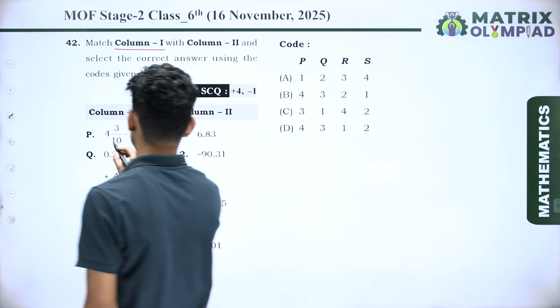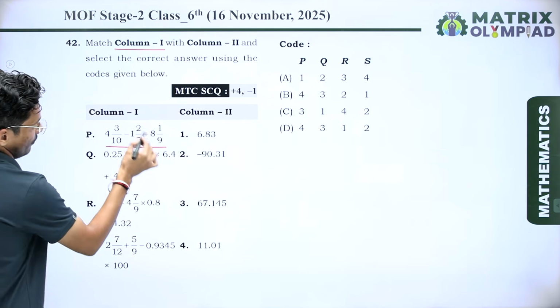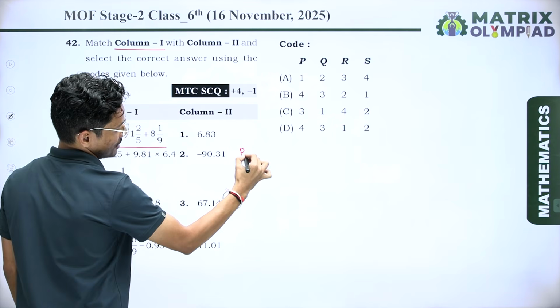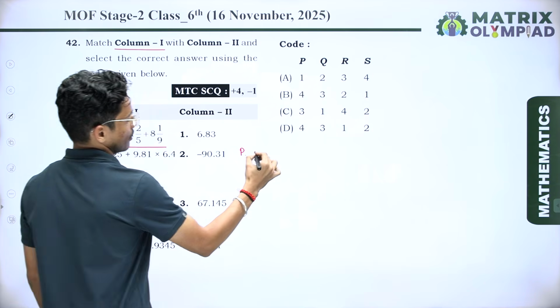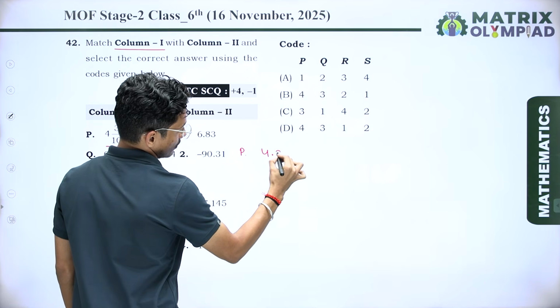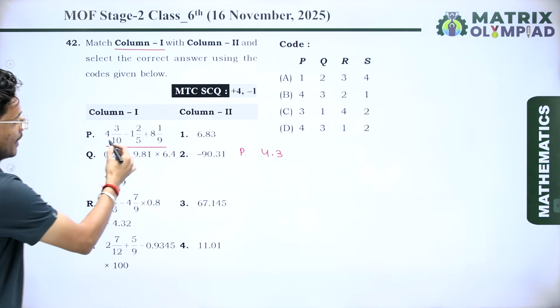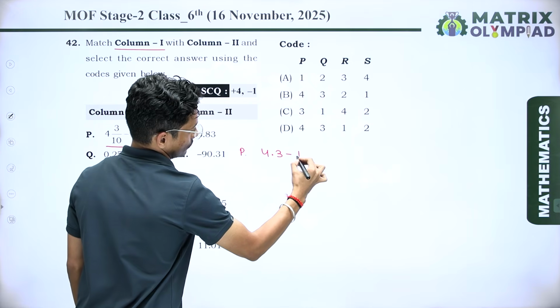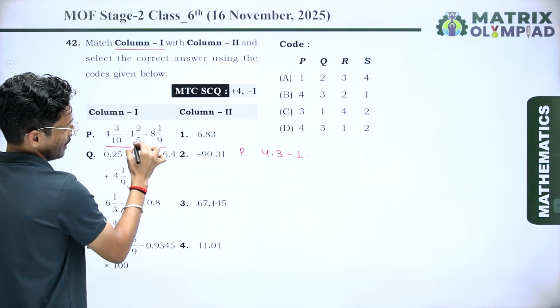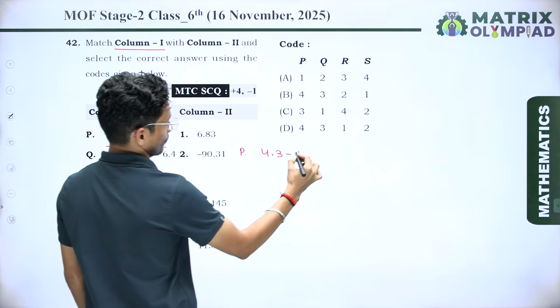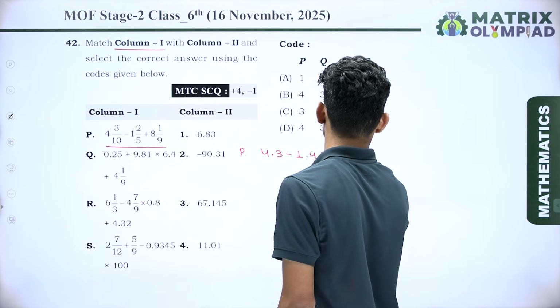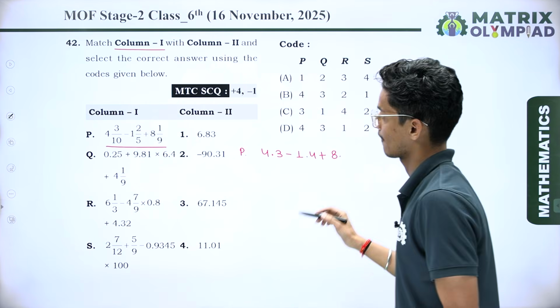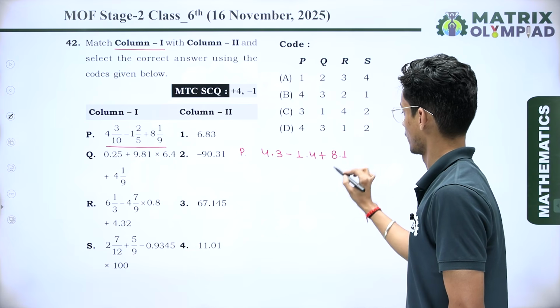So in column 1, first we have P. So we can write here P, that is 4 and 3 by 10. So that is we can write 4.3 minus 1 point, we can write 1 and 2 by 5, 1.4 plus here we can write 8.1.